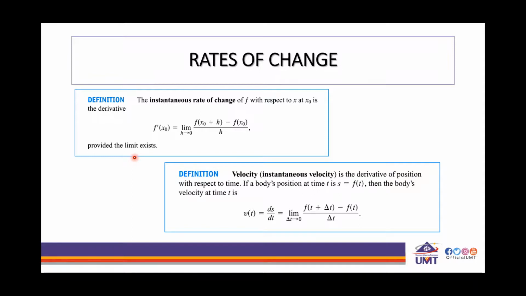So the definition of velocity: the instantaneous velocity is the derivative of position with respect to time.